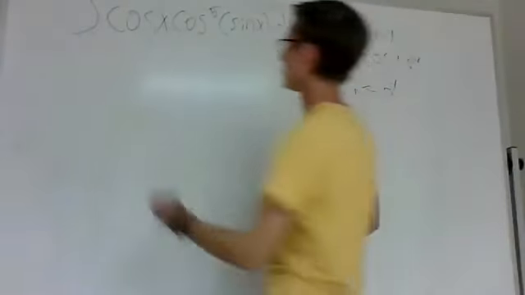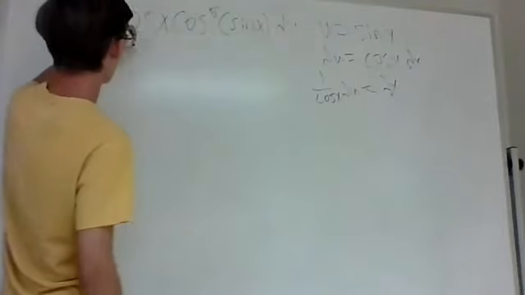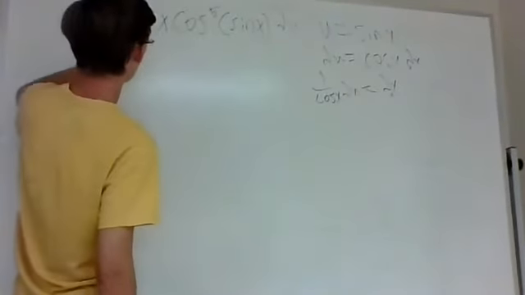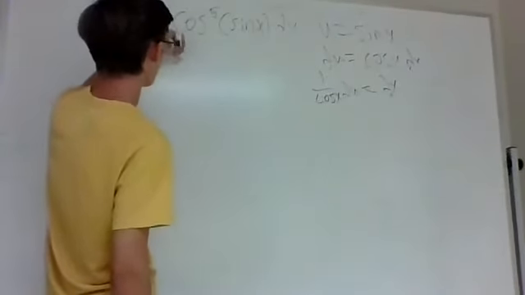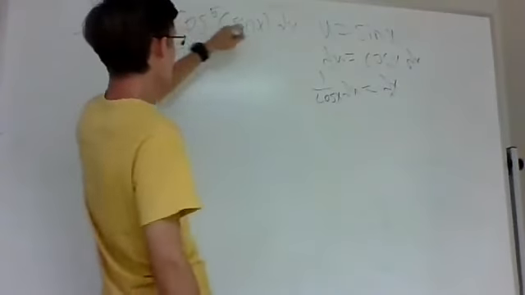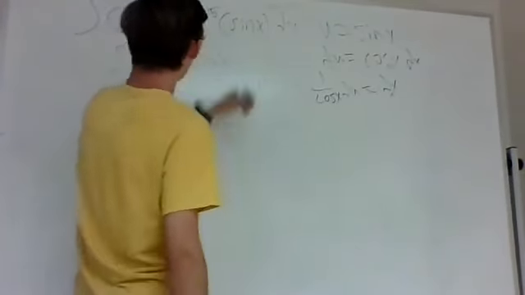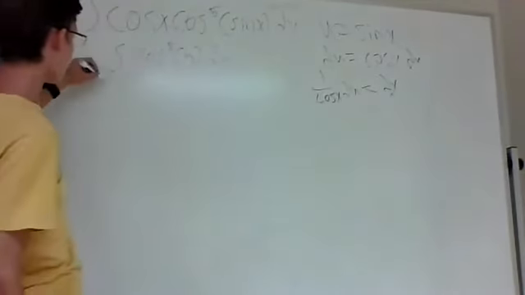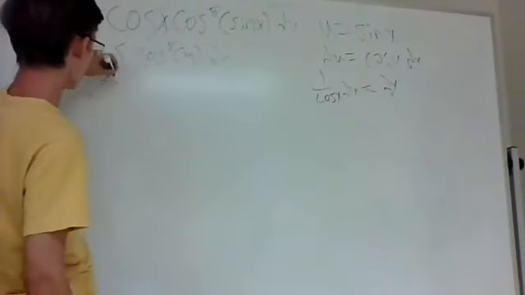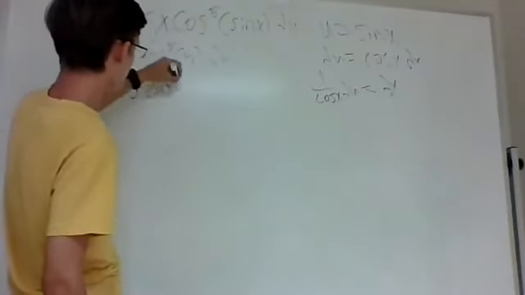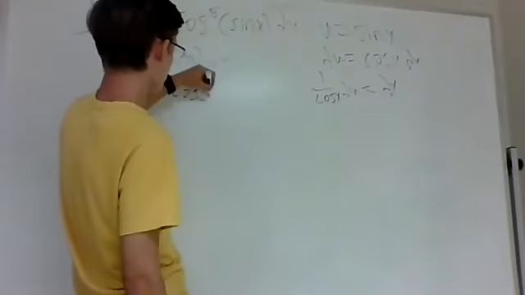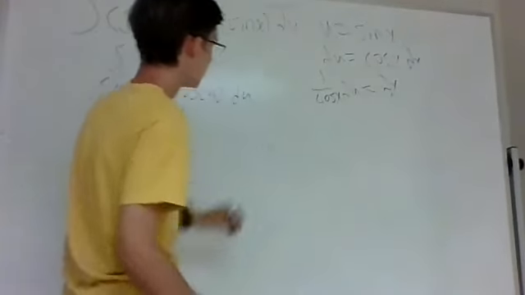Substituting this back into the integral, we get cosine to the fifth u times du. Breaking this integral down further, we could get cosine to the fourth u cosine u du.